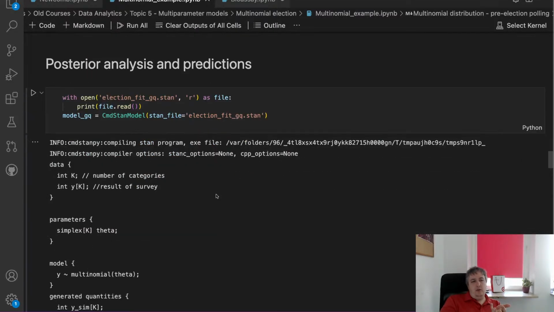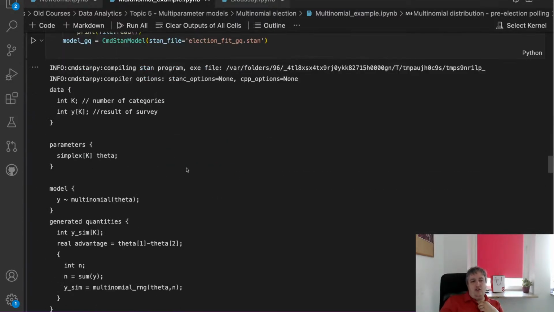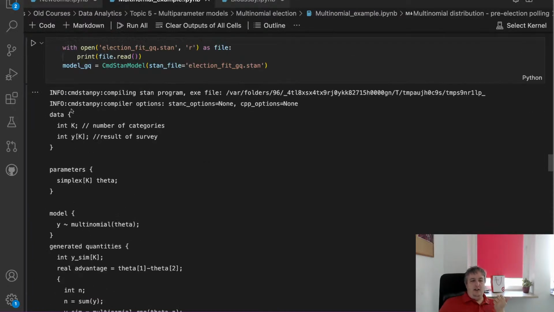We'll have to supplement our model with additional information. So we are adding the data: the number of categories and the results of the surveys. Our parameter is still a simplex.